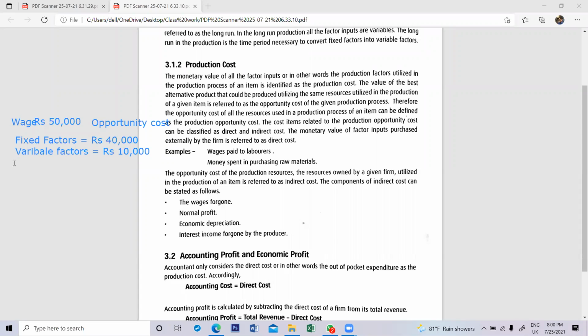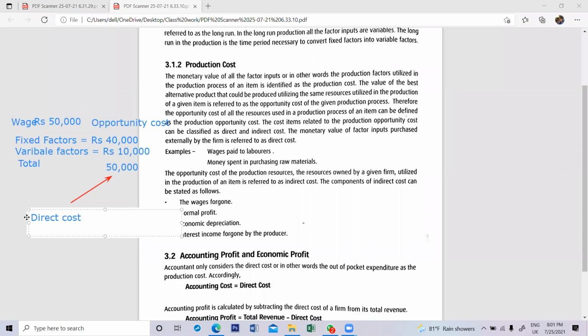Then the total expenditure, of course, 50,000. Actually, the 50,000 is called direct cost.